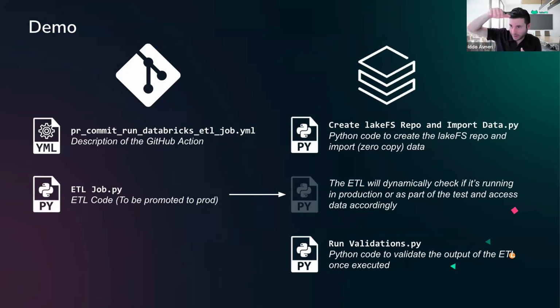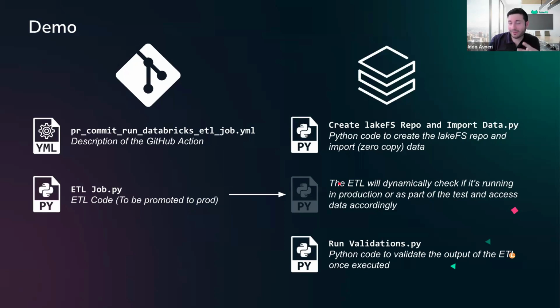It's going to create a branch, run the ETL, get a validation, and tell whether or not the ETL is successful. For the ETL, we're going to take an ETL job that we change in our Git repository, and that will then be run on Databricks.